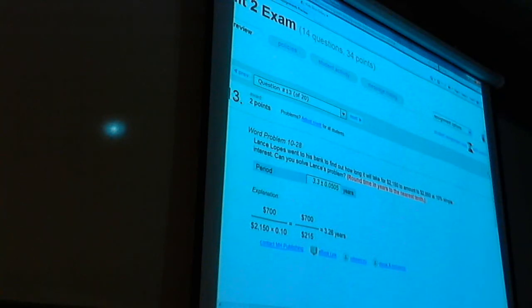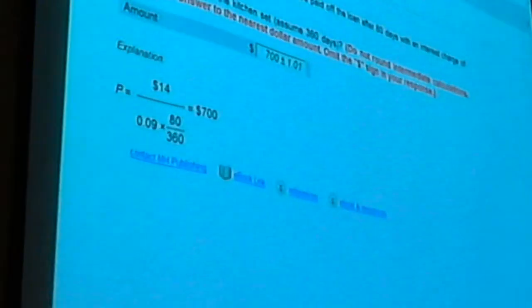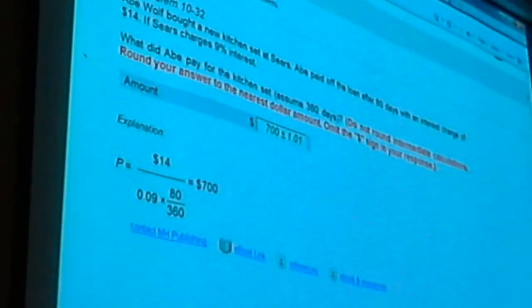Ready for another one? Okay. This one you're going to solve for P. They call it the amount. So what's going on here? This is the actual principal, right? They call it the amount.